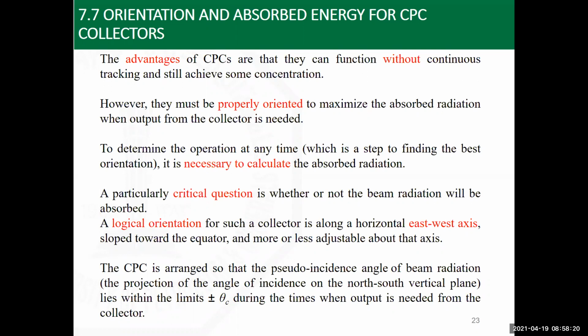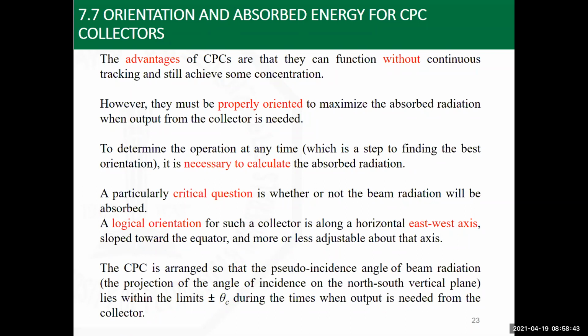The operation at any time should be determined so that you know what the best orientation of the collector would be. Accordingly, we should be able to calculate the absorbed radiation. So a critical question would be: shall the beam radiation all be absorbed, or only a part of it?